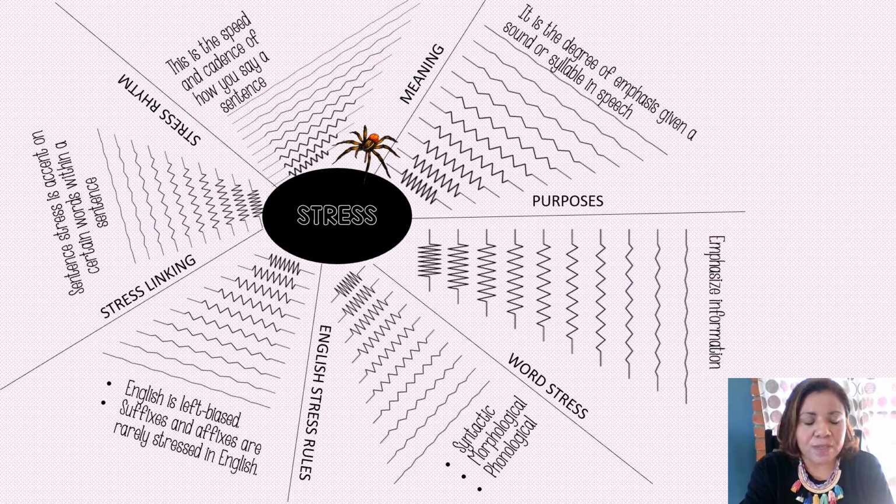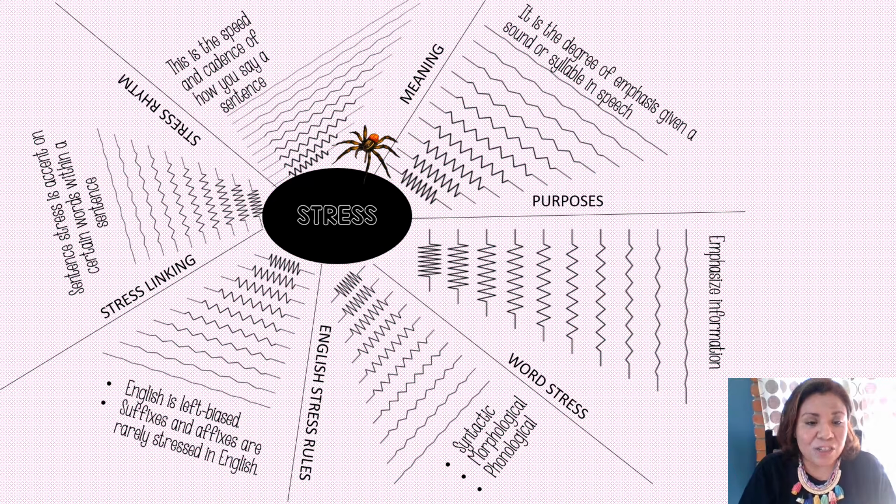Word stress. Let's pay attention to the following words: photograph, photographer, and photographic. Notice that each one has a different stress. Why? Because words have rules for stress. Stress rules are based on three kinds of information: syntactic, morphological, and phonological.